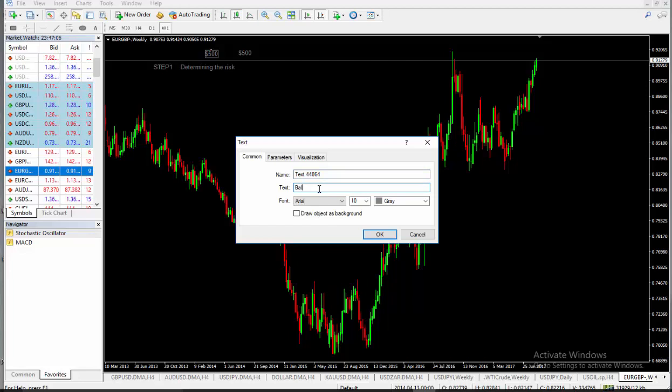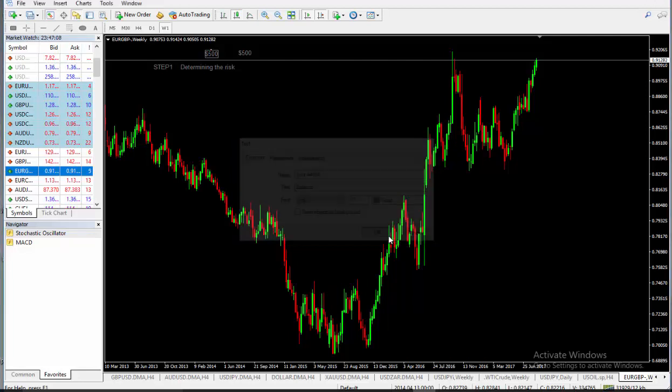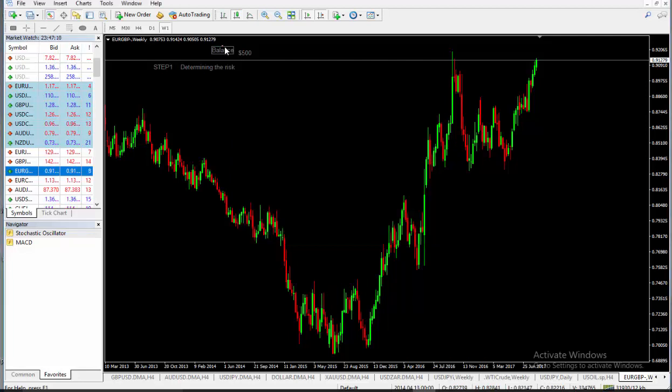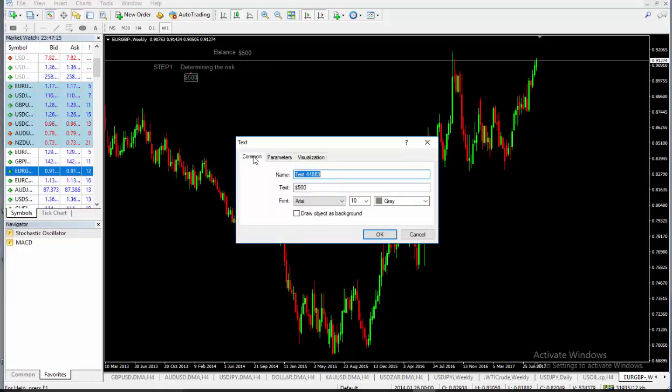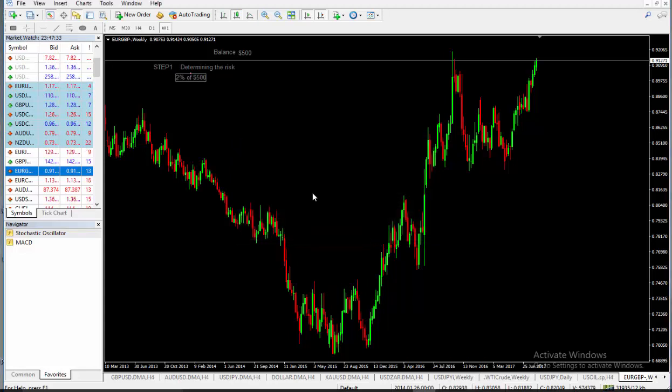So determining our risk, we want to risk 2% of that $500, which is $10.